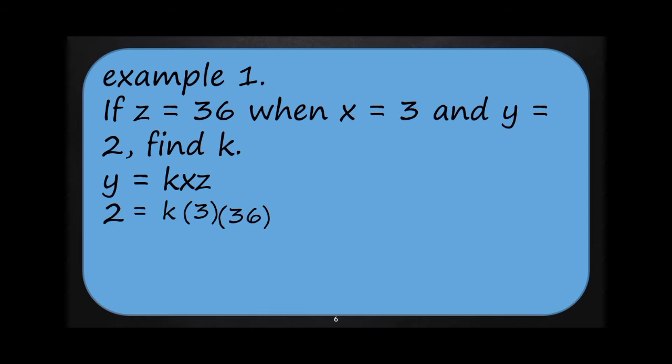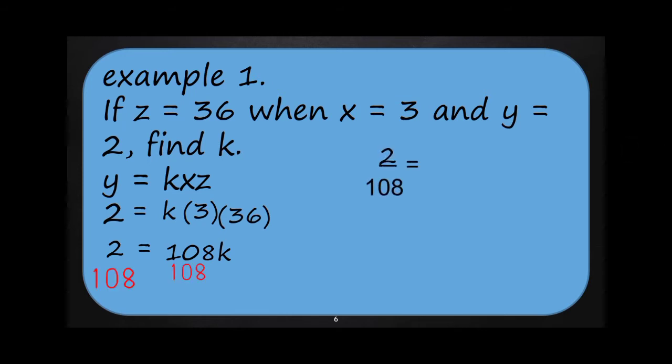Now, we have 2 is equal to what? Multiply 3 and 36, then multiply their product by k. So we have now 108k. Then, to get the value of k, just divide both sides of the equation by 108.